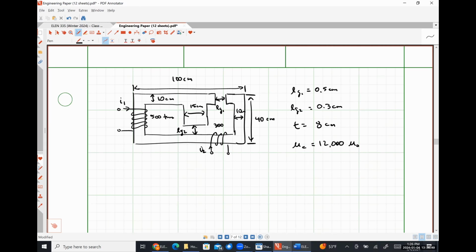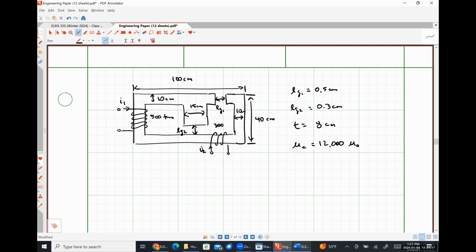Okay. So let's say for the sake of argument that we are trying to find the flux that's generated by coil 1 that's passing through coil 2.